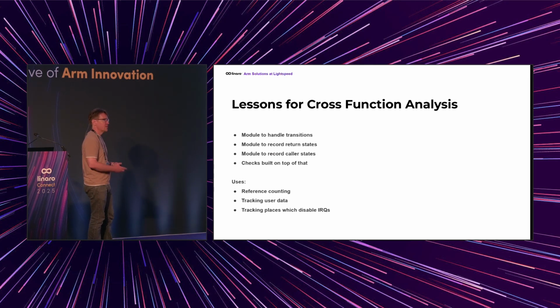User data, functions get user data, they return it to the other one, and they also pass user data, and that's also very tricky. I would get it mixed up between passing user data and returning it, or places that disable IRQs. Any kind of cross-function analysis, this is the way to modularize it, I would say.